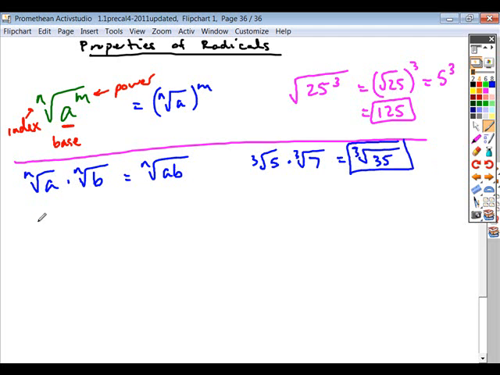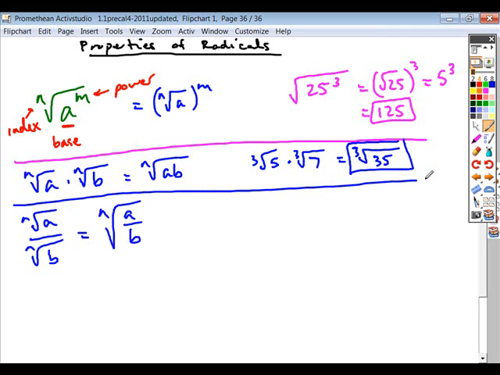This same property holds true with fractions. If you take the nth root of a divided by the nth root of b, so if you take the quotient of two radicals with the same index, you can just combine those into one common radical and simplify the fraction itself.